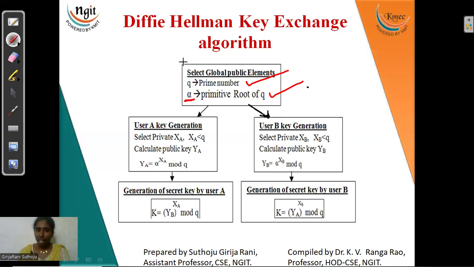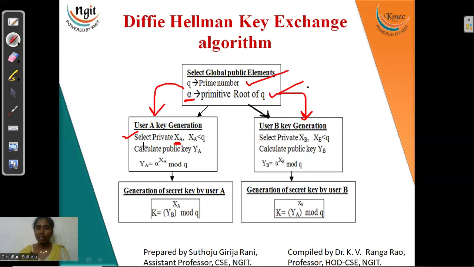Next, after having these two in our hands, we are going to concentrate individually at sender and receiver. Now, sender side A, let me assume that A is our sender. Select one private key, that is XA. This may be anything. There is no interconnection or any generation kind of thing.